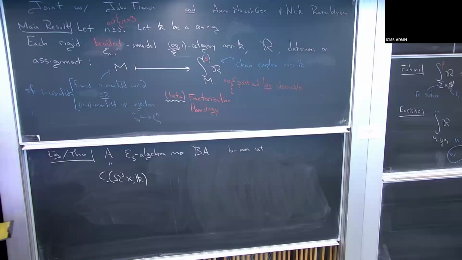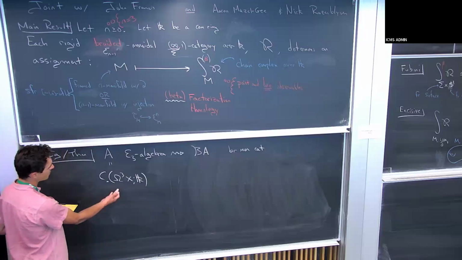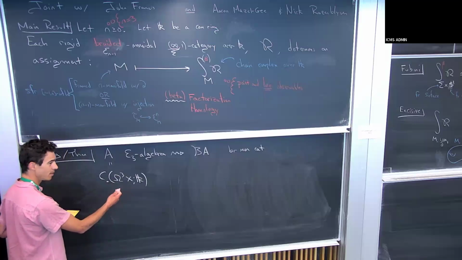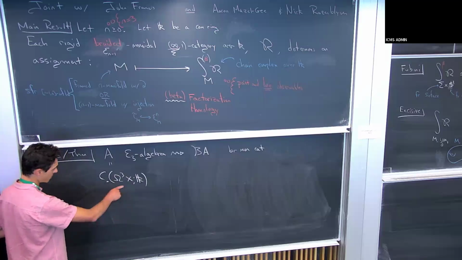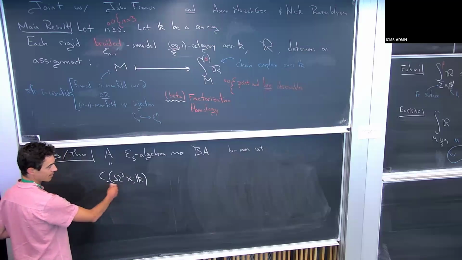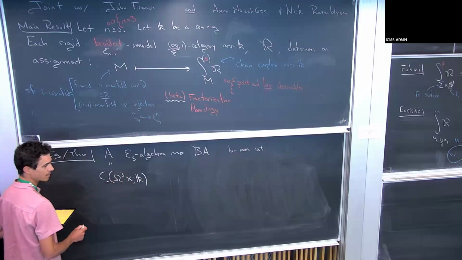I mean, this is a pretty good source of examples, but it's a very limited source of examples. But then deformations of them are very interesting, especially if X has a shifted symplectic structure, then that gives a program for how to deform this into something very interesting.